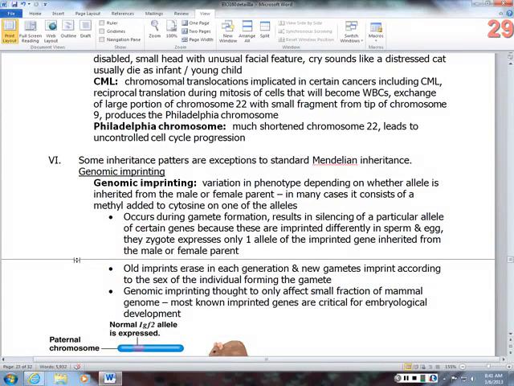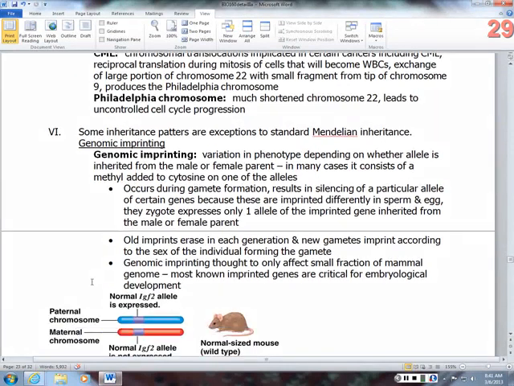This will occur during gamete formation, and what it ends up doing is silencing one of the alleles of a certain gene so that it will be imprinted differently in the sperm and egg. So the zygote only expresses the allele of the imprinted gene that's inherited from the male or the female parent.